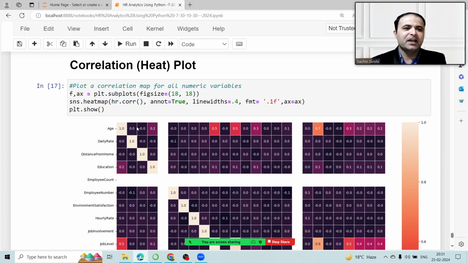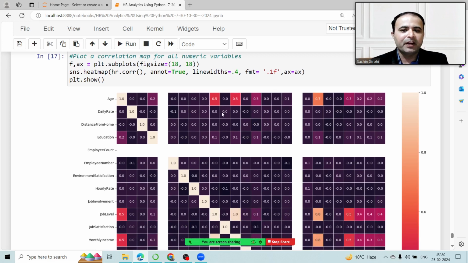So there are different roles for different columns basically. So these are the features or options inside the heat map.